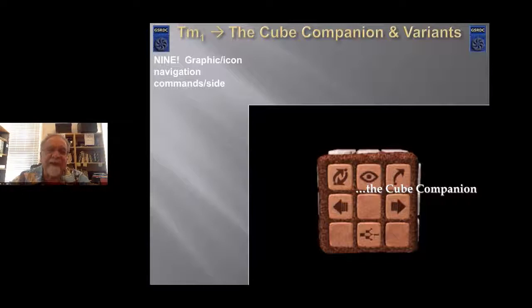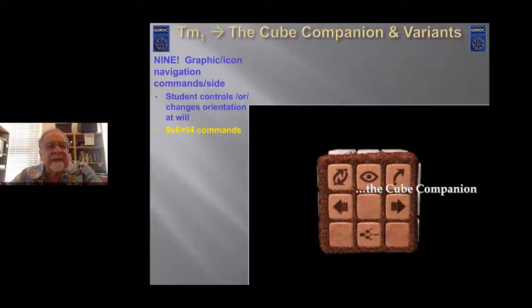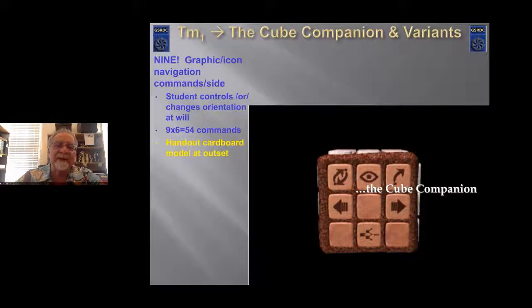This is a graphic icon which does navigation for the student. It's the student control. We decided that we would use a cube because every side had 9 various commands, and there were 6 sides, so you could get 54 commands in one very compact area. We came up with this in the 80s.